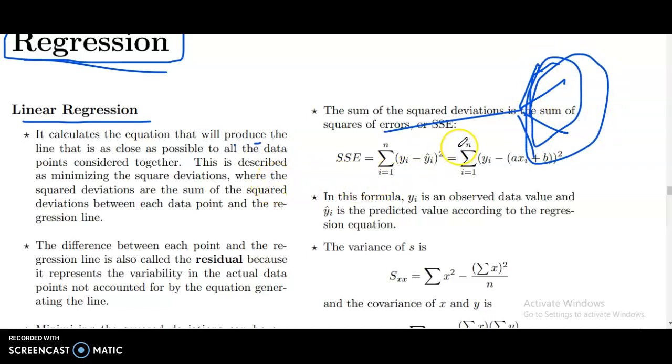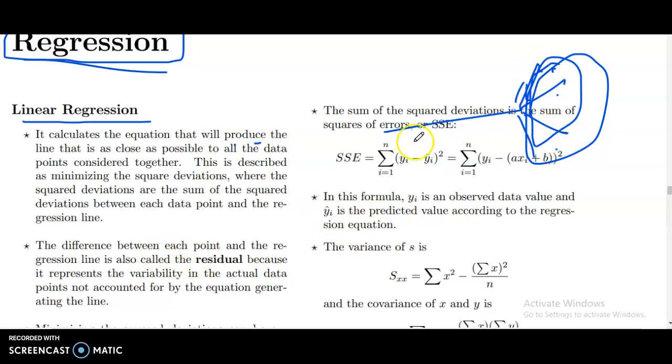This is described as minimizing the square deviations, where the square deviations are the sum of the squared deviations between each data point and the regression line.